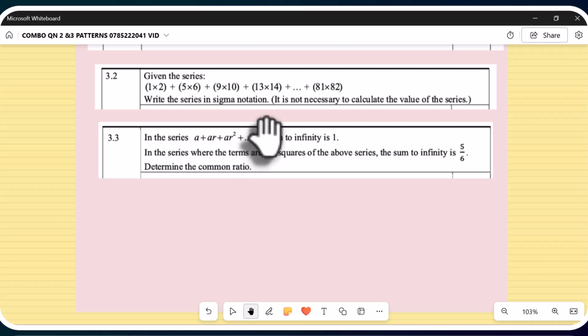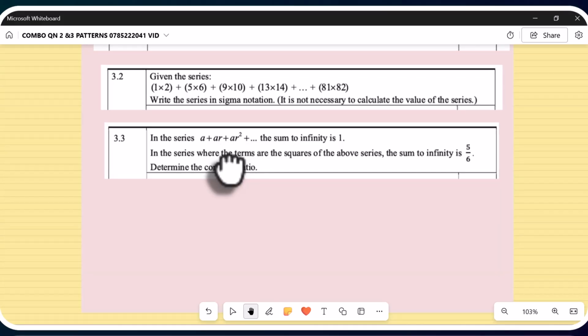Now, if I say 5 minus 1, I'm going to get a 4 here, right? What about 9 minus 5? Also a 4 here. What about 13? It's a common difference of 4. What about here? If I say 6 minus 2, also get a 4. And then 10 minus 6, also get a 4 here. 14 minus 10, also get a 4 here.